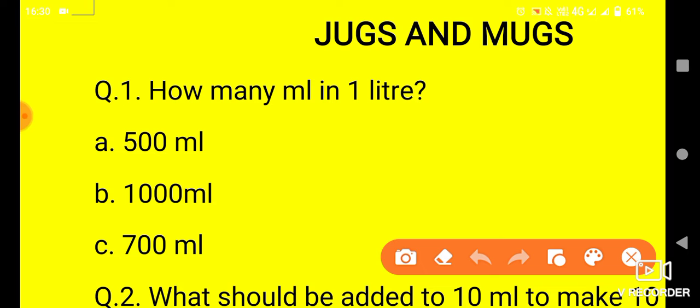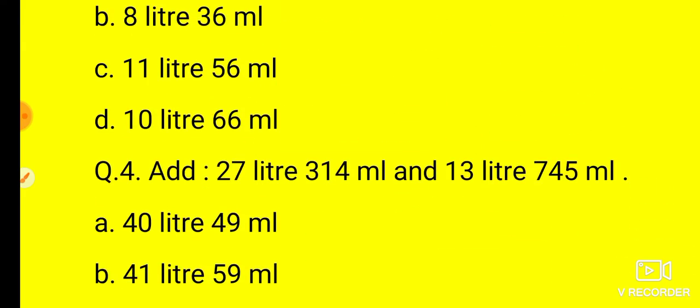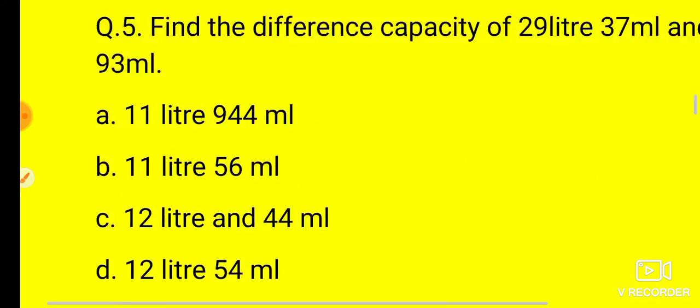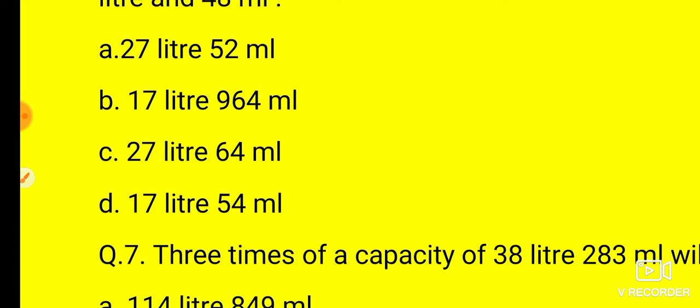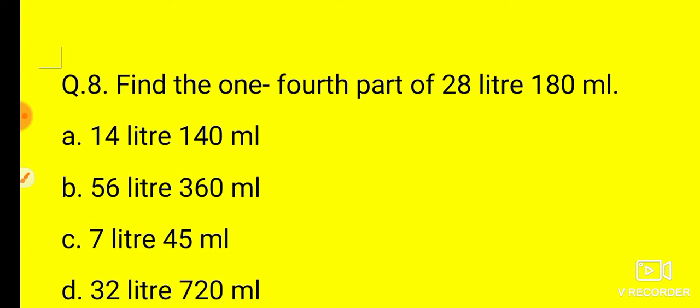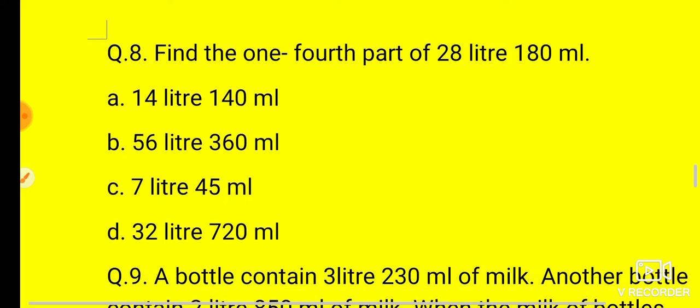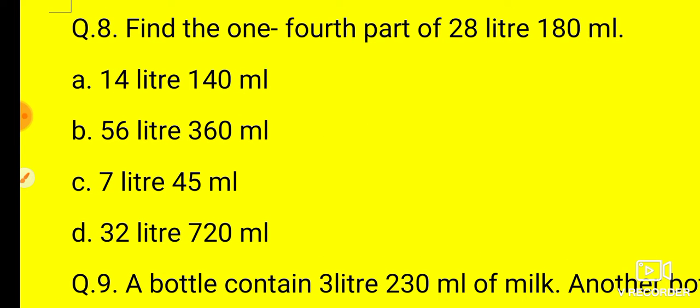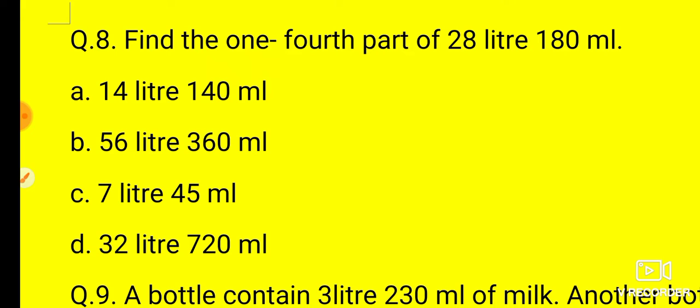All of you know that we are reading the chapter Chucks and Mugs, and we are doing a worksheet here. In this worksheet, we have already done question number 6, 7, and now we have to do question number 8.